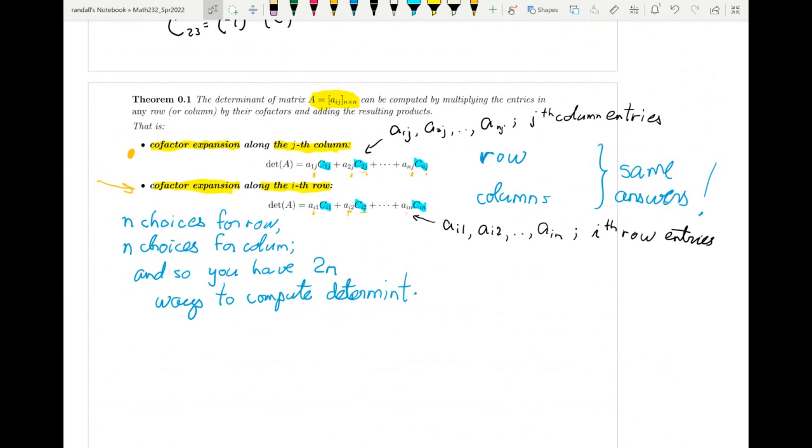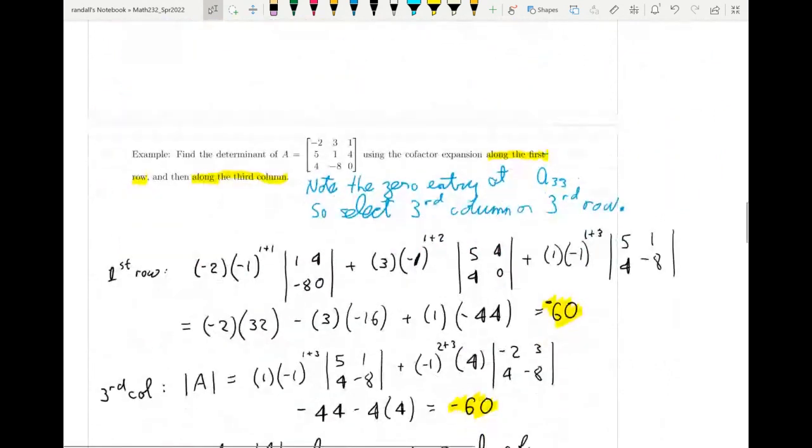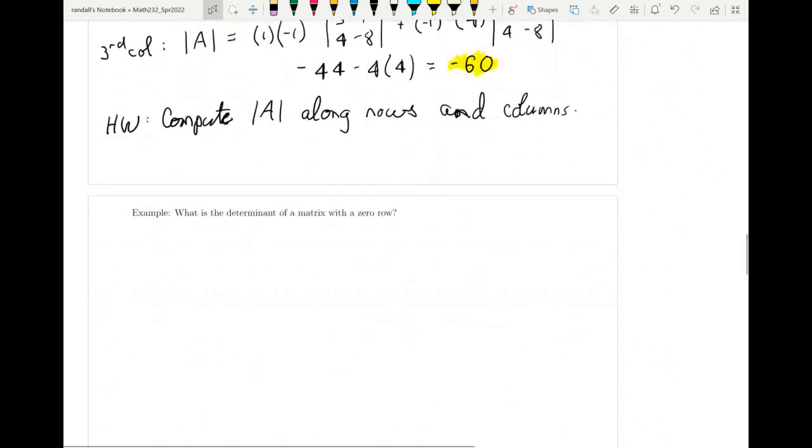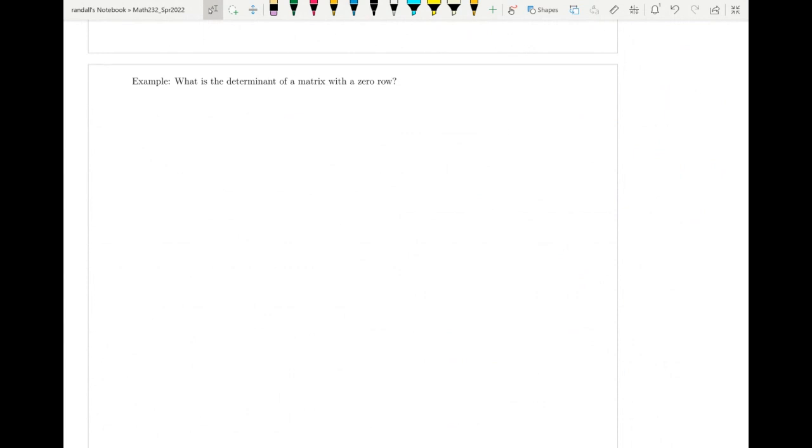So you make a judicious choice about which column and row to make your calculations as quick and simple as possible. I applied that here when I did the expansion down the third column or the third row. Both of them would only have 2 terms in it because one of the entries in that row and column is 0.